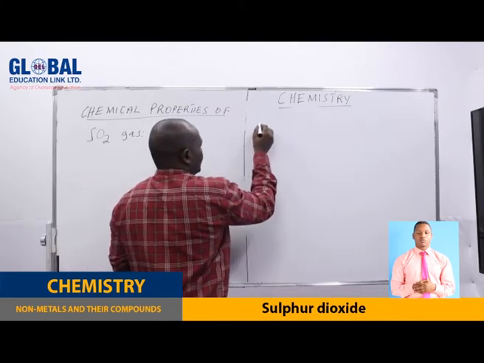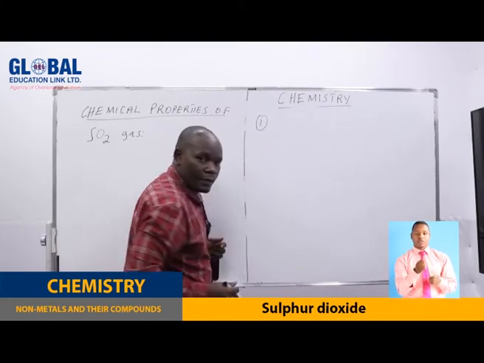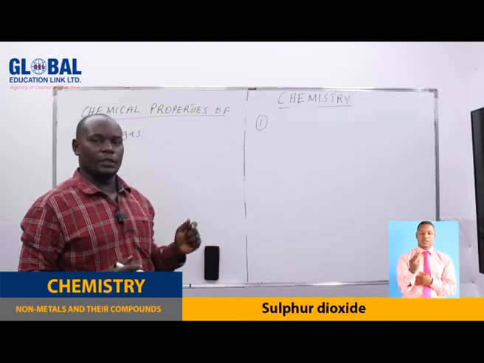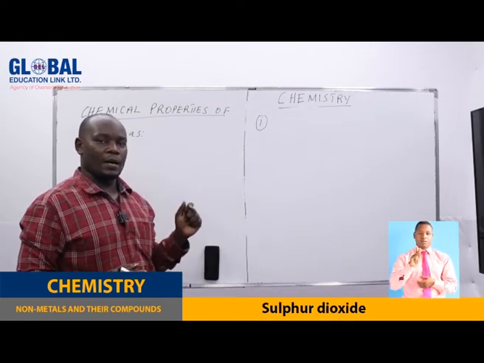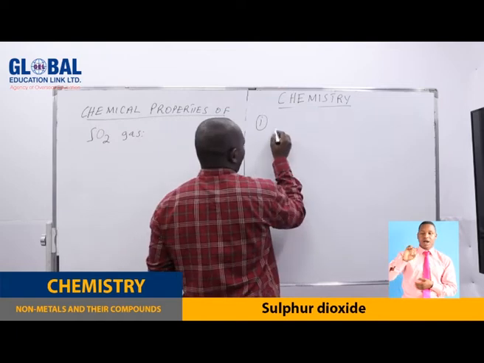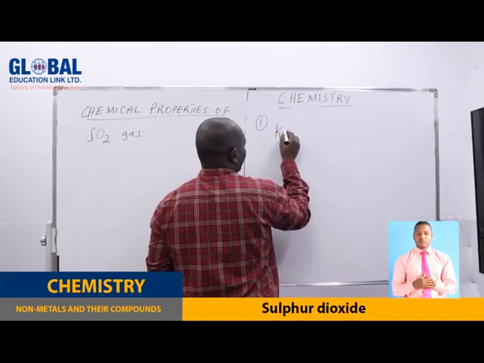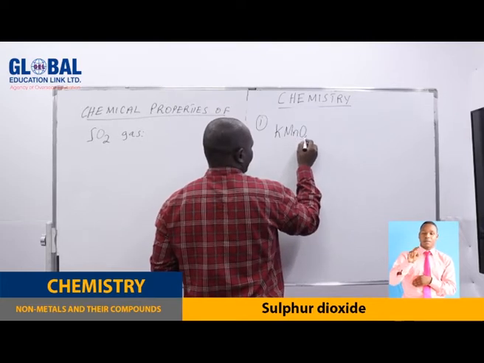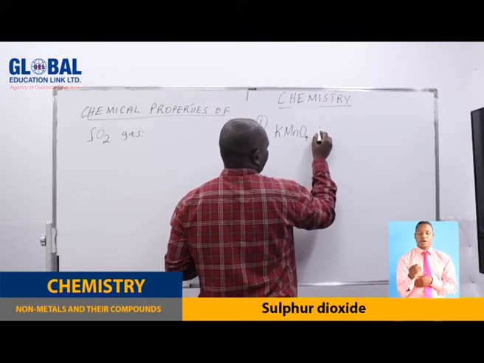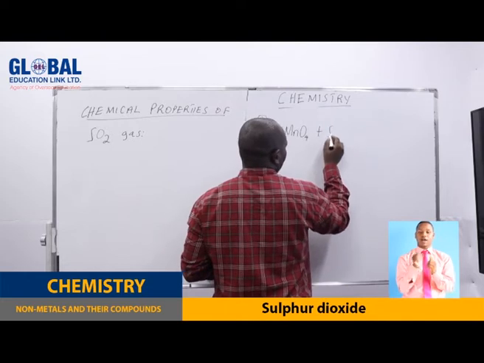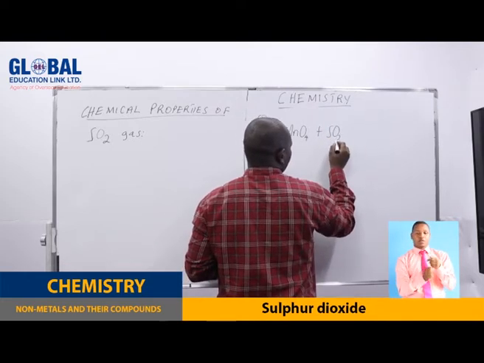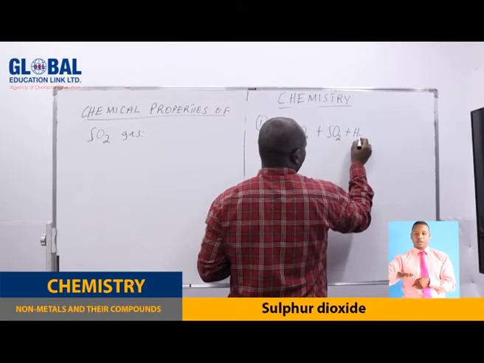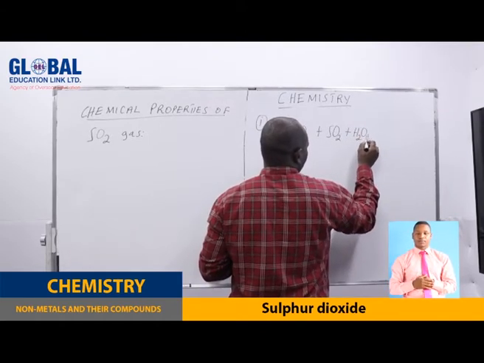So the first reaction, let us consider the reaction between sulfur dioxide gas and potassium permanganate. So here we have potassium permanganate as an oxidizing agent that reacts with sulfur dioxide, but in presence of water, which is a liquid.